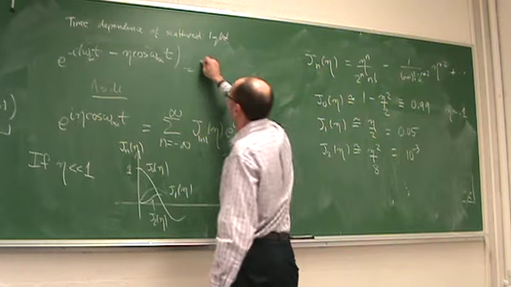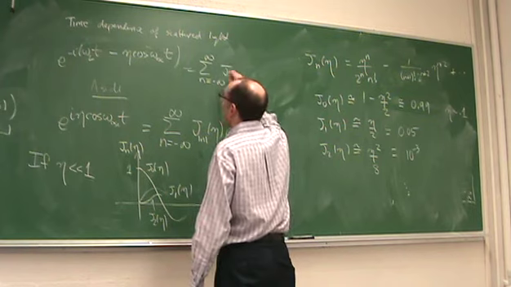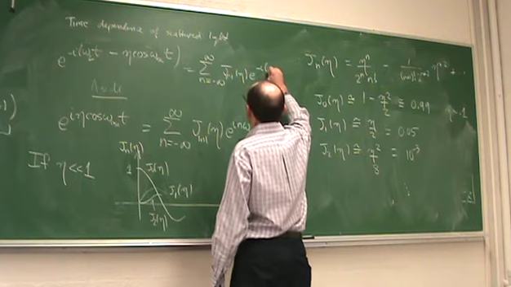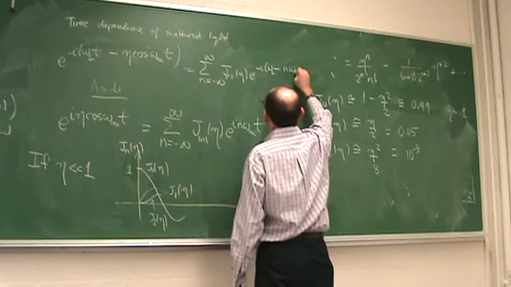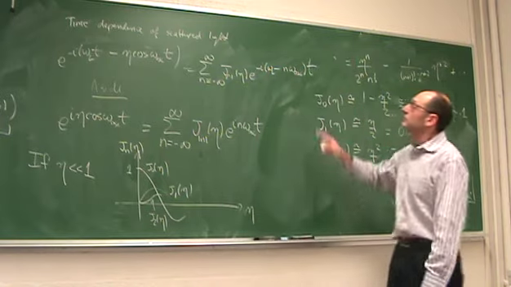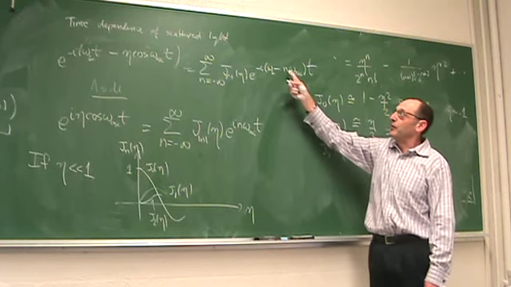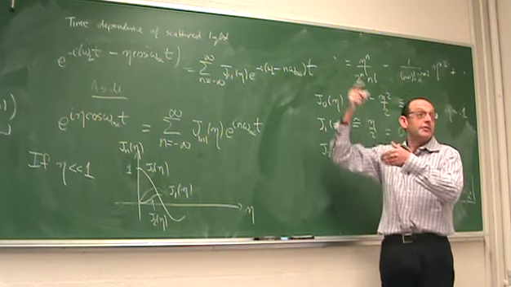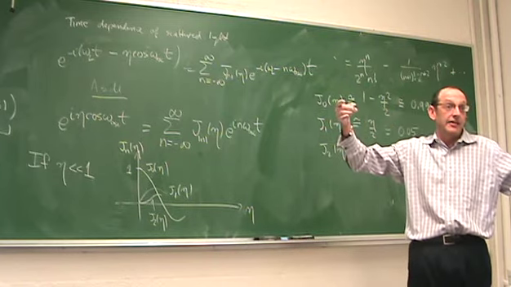We can write this out here, sum over n from minus infinity to infinity. So we get some amount of the light is scattered exactly at the same frequency, that is the n equals 0. Some of it is phase shifted by one oscillation frequency, either to the red or to the blue, and some is scattered 2 oscillation frequencies, etc., etc.